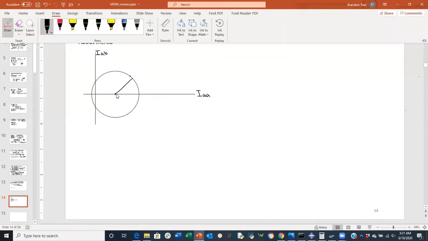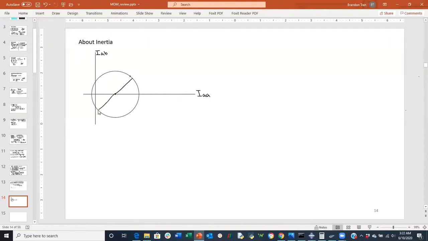Okay, there we go. So we have a point right here. Let's just establish this point as our positive. Inertia itself has its own Mohr circle.